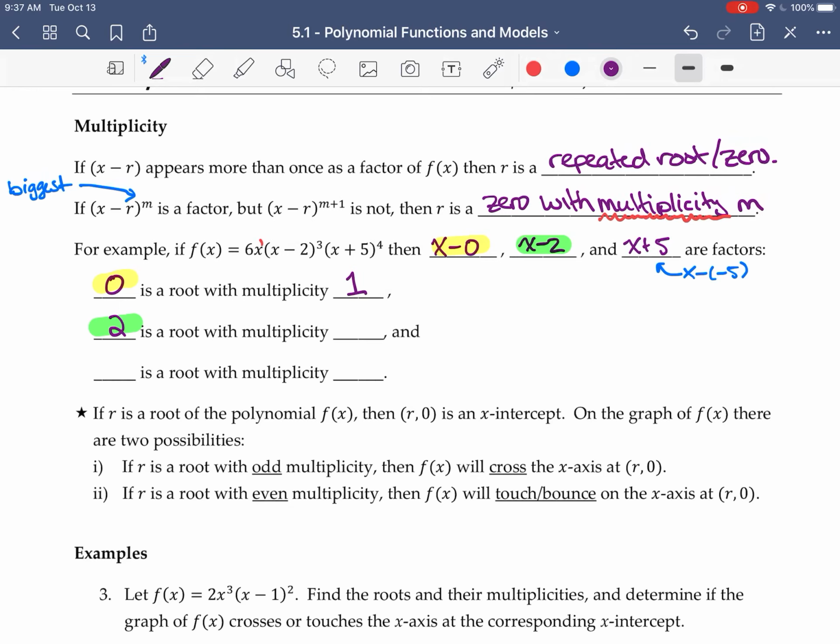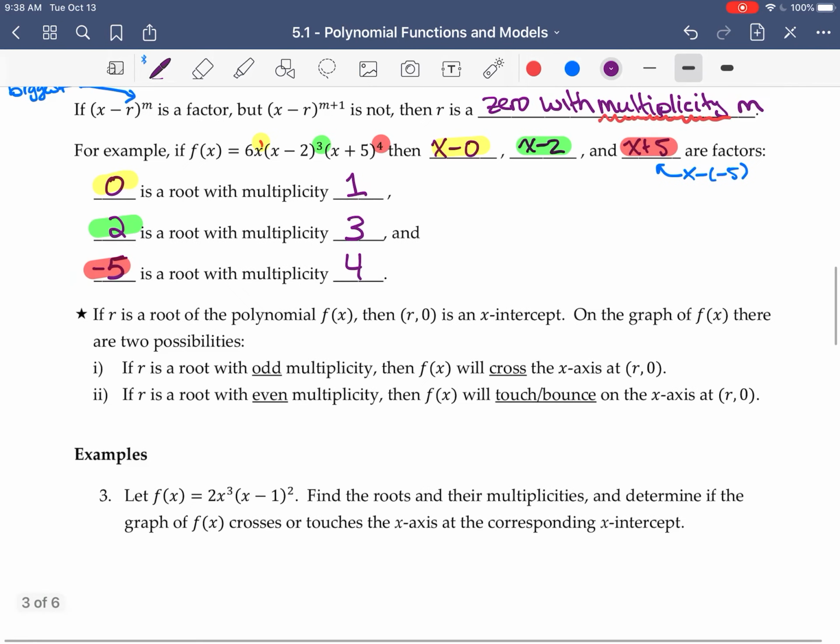Now 2 has multiplicity 3 because x − 2 occurs 3 times. And then we also have −5 as a root, and it's going to have multiplicity 4 because it occurs 4 times. That one comes from here. What you're doing is you look at their powers to find the multiplicity.